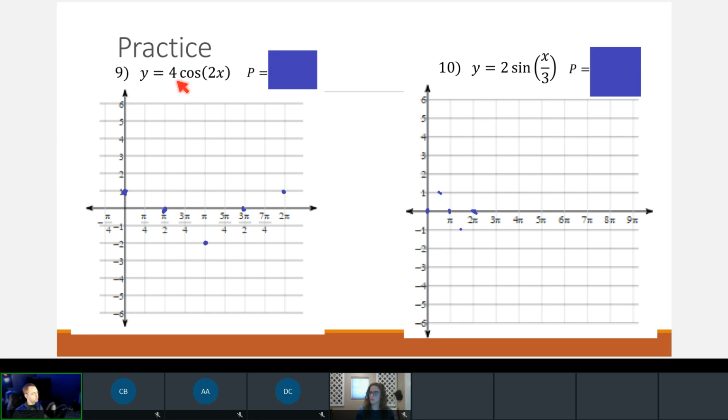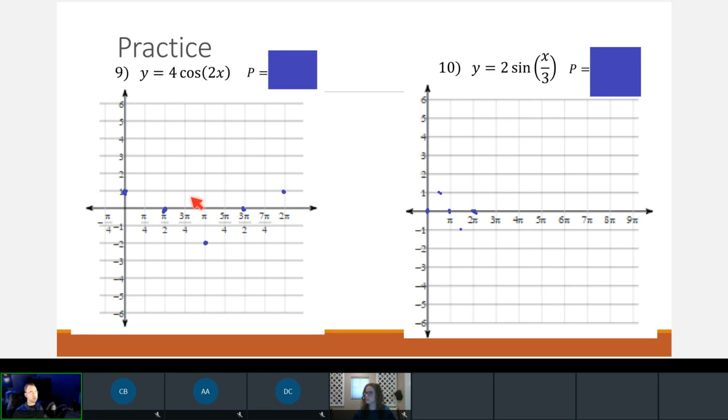All right, what does this foretell us? The amplitude is 4. So that means my new point, I'm going to use a different color. I'll use red.